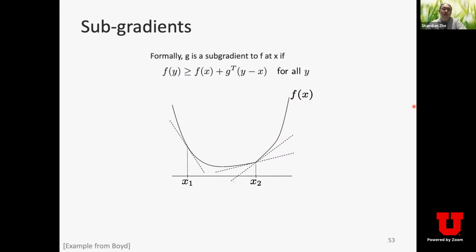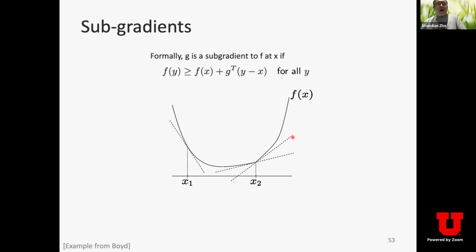There are many choices. One choice will be this dashed line. The other choice will be this line. Both lines are staying below the entire body of f of x. And of course, there are numerous other lines in between, which can pass through the same point and also be below the entire f of x.